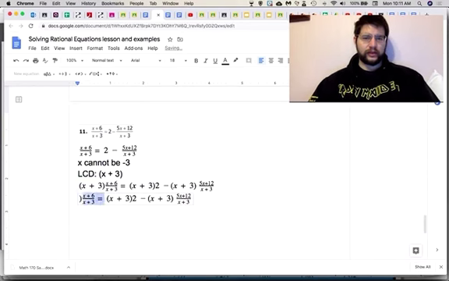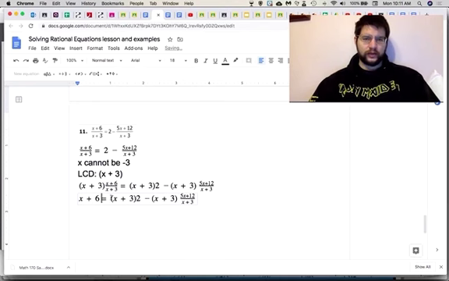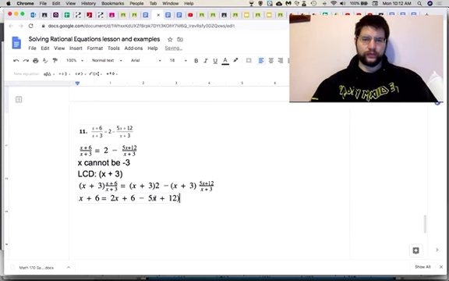I'm just left with x plus 6. That's going to be 2x plus 6. The x plus 3 cancels here, so that's going to be 5x plus 12, but be very careful. That's minus the quantity 5x plus 12. We need to distribute that negative.